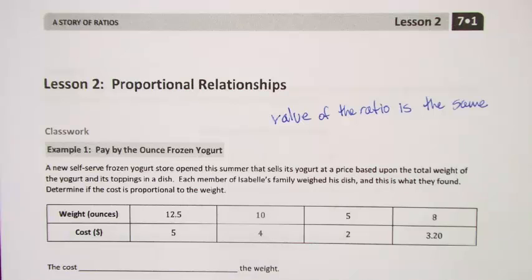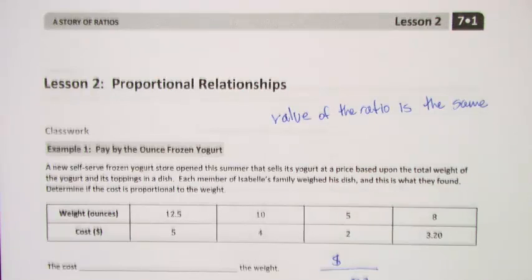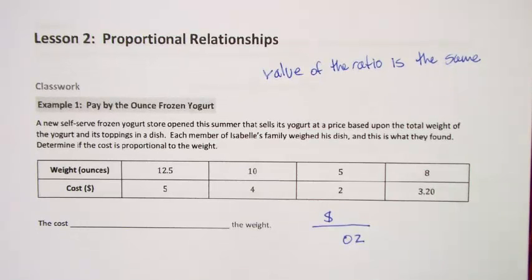If we find the value of each one of these ratios, we can tell if it's proportional. To find the value of the ratio, we're going to find the cost, the dollars per ounce. OZ is the abbreviation for ounces. So for each one of these, we're going to do that.